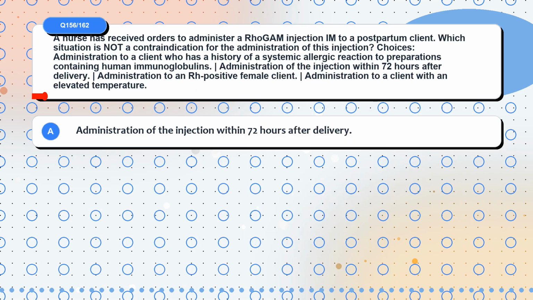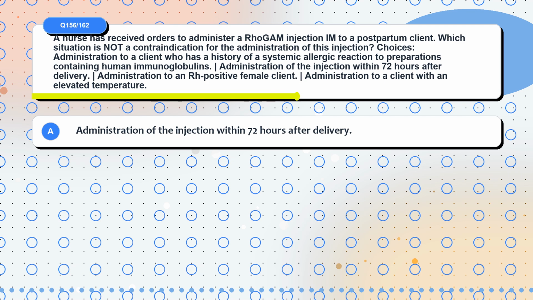Question 156. A nurse has received orders to administer a RhoGAM injection IM to a postpartum client. Which situation is not a contraindication for the administration of this injection? Choices: administration to a client who has a history of a systemic allergic reaction to preparations containing human immunoglobulins.